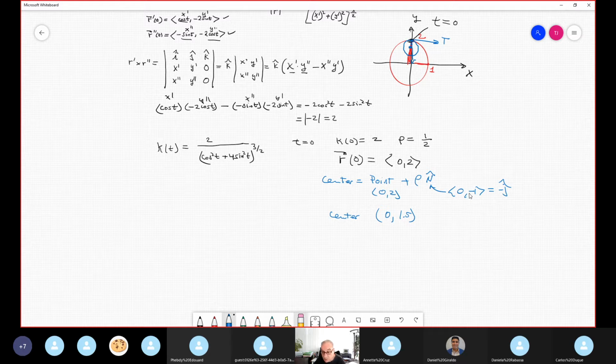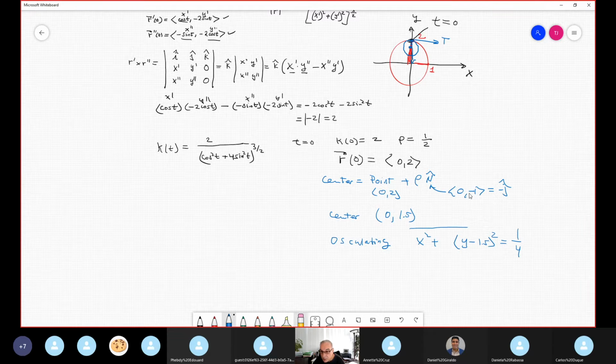Okay, so my equation for the osculating circle is x squared plus (y minus 1.5) squared equals the radius squared, 1/2 squared, 1/4.